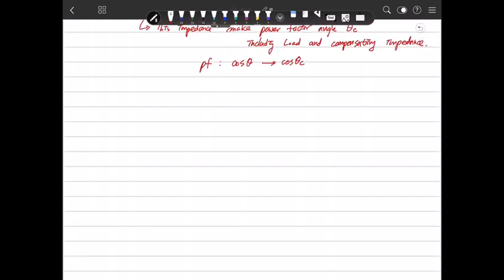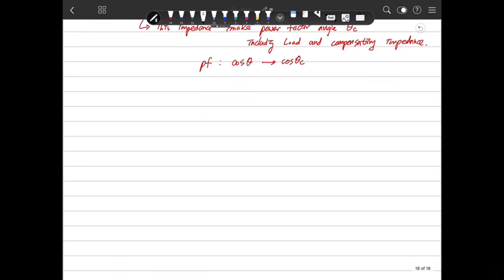So we'll give a simple example here. Textbook example 11.6.1. We have two loads. One is a 50 kilowatt resistor, maybe a heater.